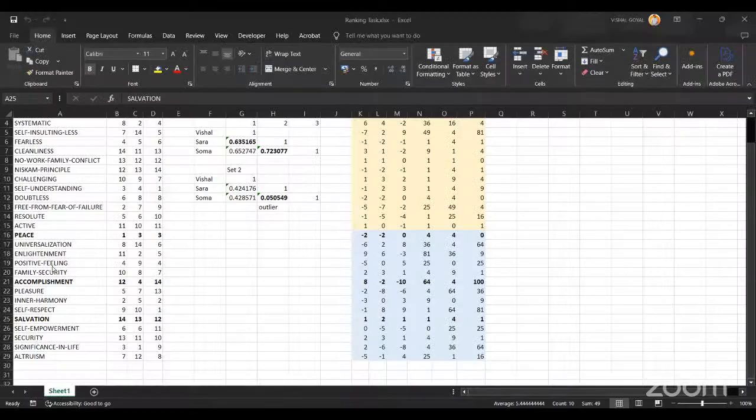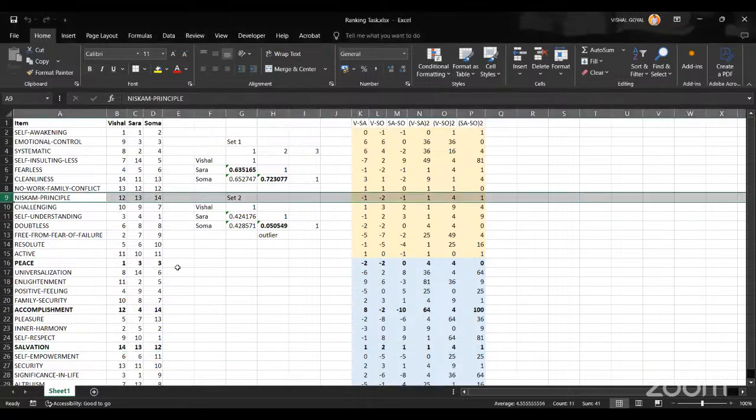What is the value difference compared to the Nishkam? It's quite, the difference is low, I guess.